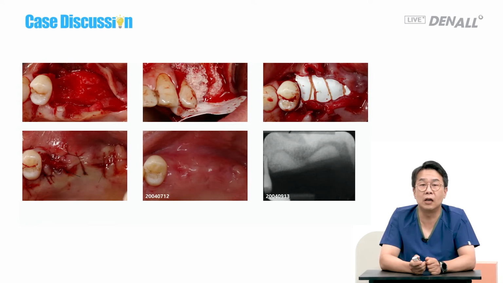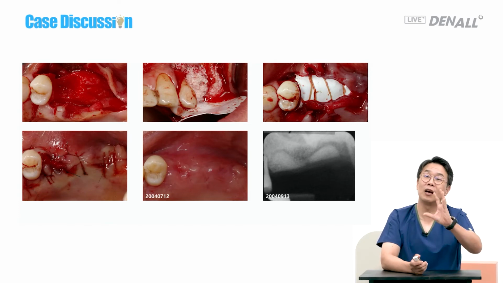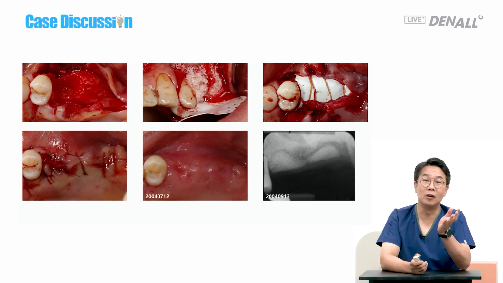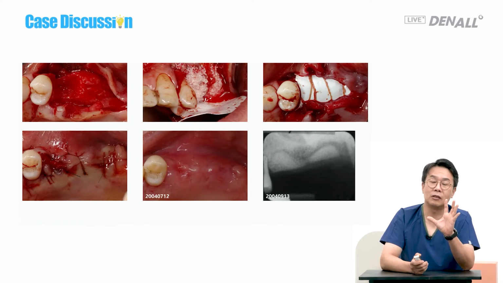If you look at the position of number 5, as you said, after the extraction, you can find the bone somewhere. There's a palatal wall and no wall on the buccal side. That's the lateral view. I thought the vertical and the lateral could be maintained, so I did the GBR in a standard way. With the extraction, the primary closure was obtained.